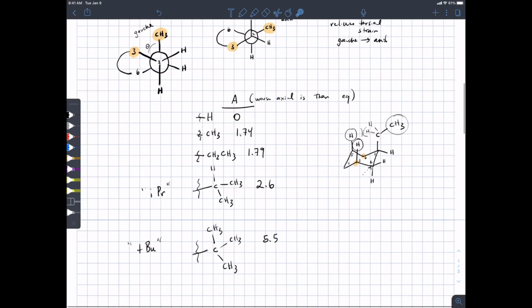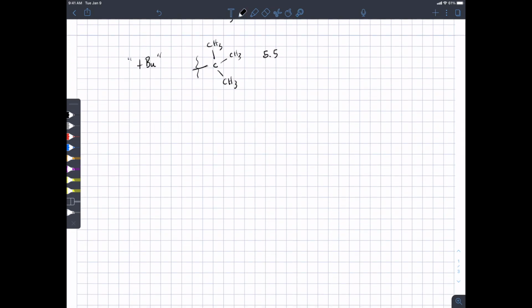All right. So let's just do a couple more examples. We'll start with looking at the molecule from above. Let's put an isopropyl group here, and then let's put a bromine there.